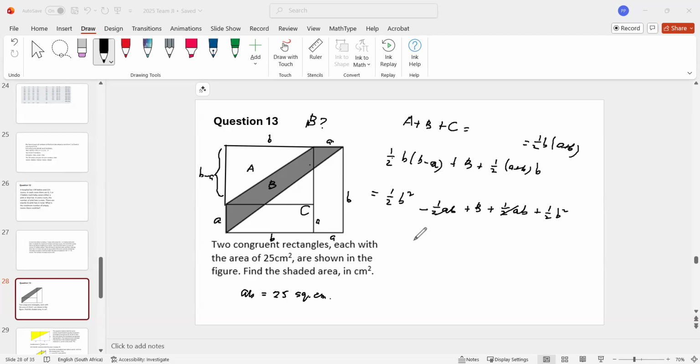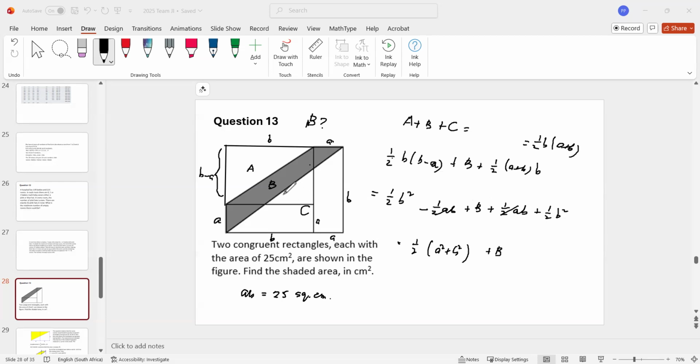Okay, these cancel, and you land up with half into A squared plus B squared plus B. Now we haven't used the fact that AB is 25. This actually cancels out. So where did I go wrong here?